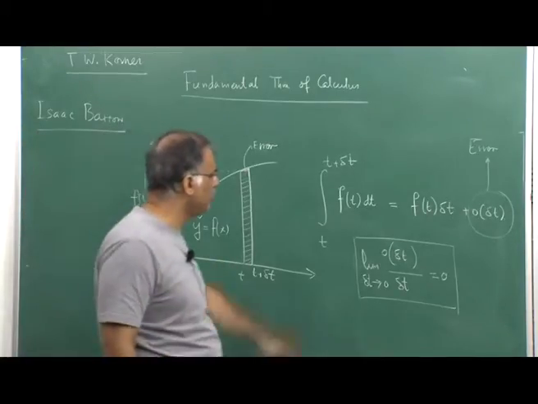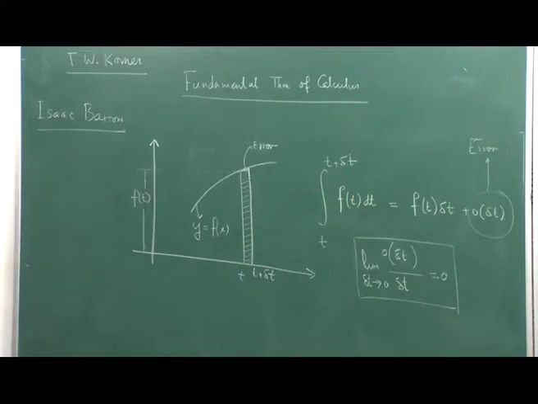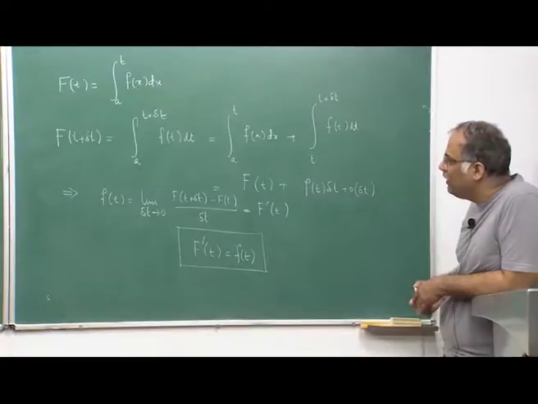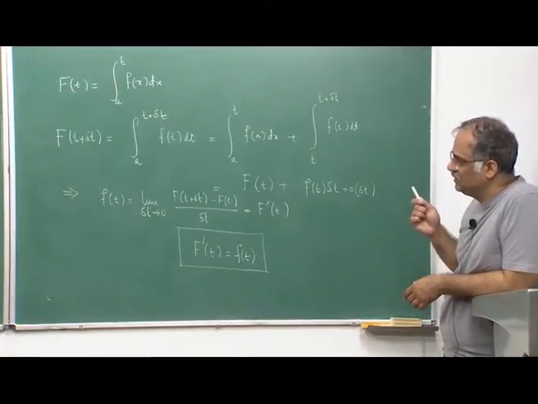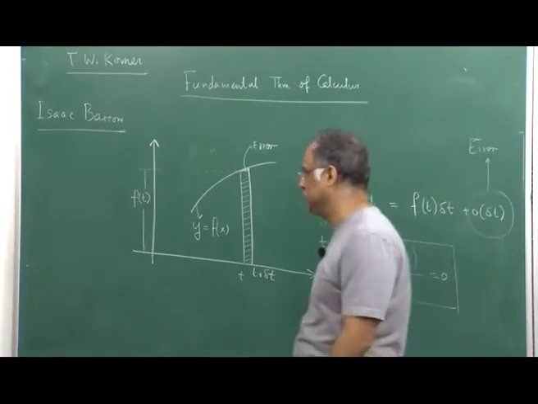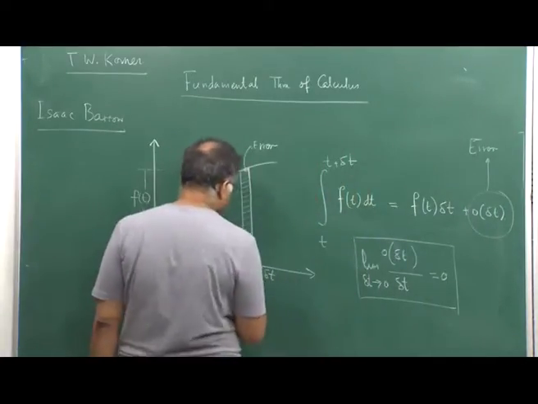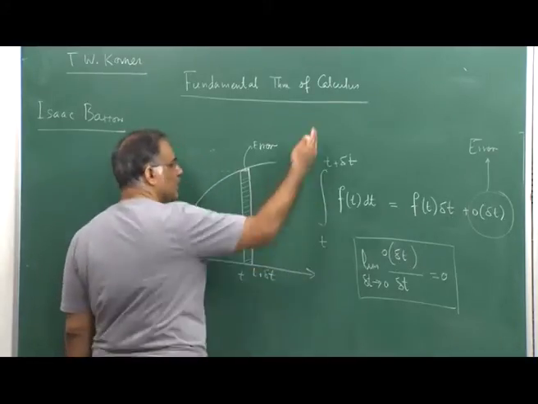Now you might say, okay, you have drawn it for delta t and written it down, what about minus delta t? You need to convince yourself about that. I will write in the notes why this is true for any delta t. It does not matter what delta t is, even if delta t is negative, t to t minus delta t simply means minus of t minus delta t to t.